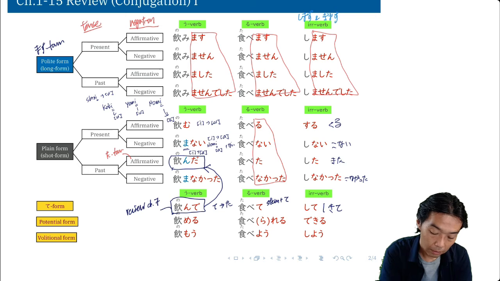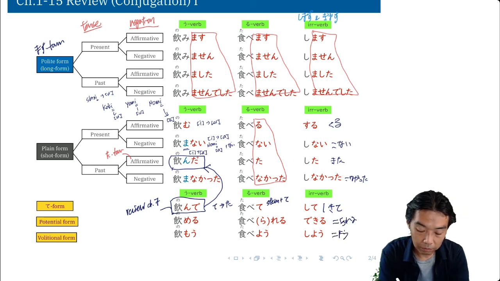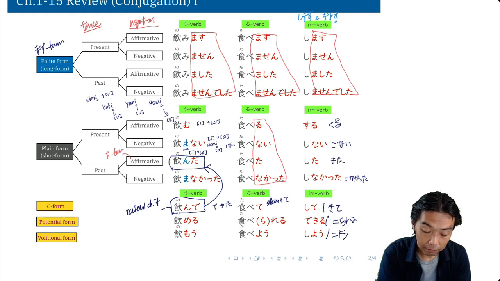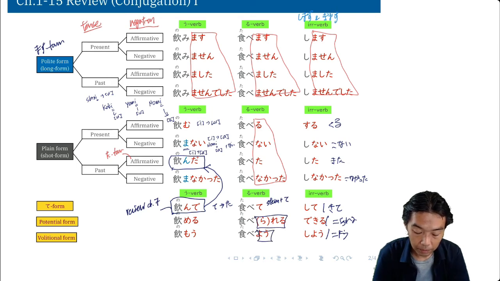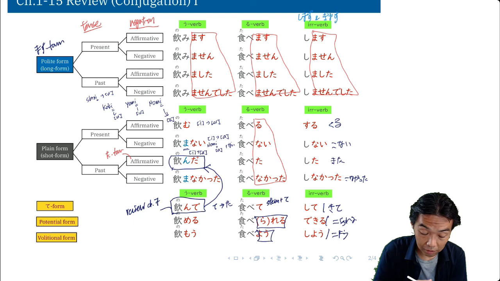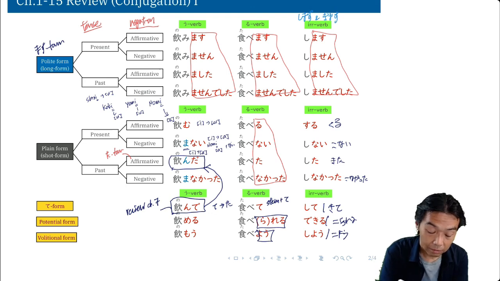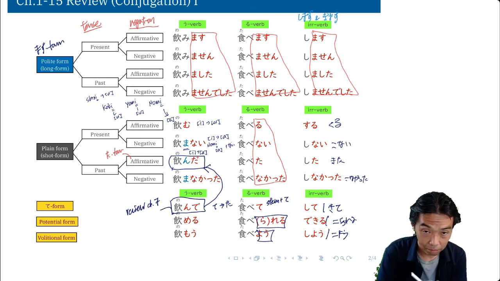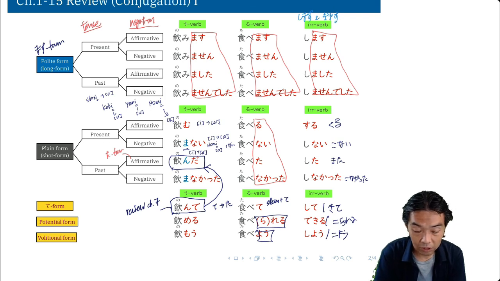And for u verb, you just have to remember this stem, られる or よ. U verb is not as easy as ru verbs, but these two are not as difficult as te form. Te form is by far the most challenging conjugation in Japanese.